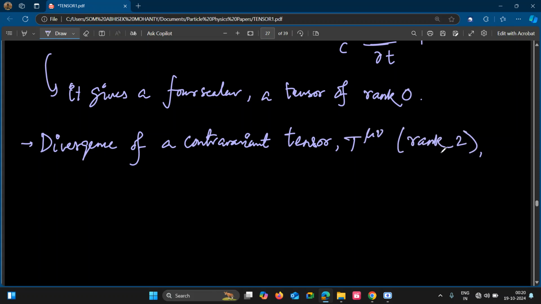Okay, how will you write it? Simply ∂_μ T^μν, a contravariant tensor of rank 2, is equal to ∂T^μν/∂x^μ.